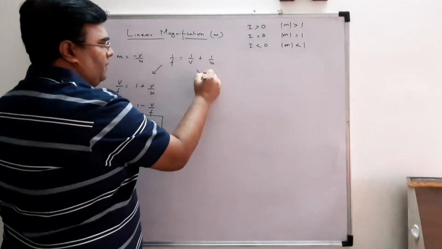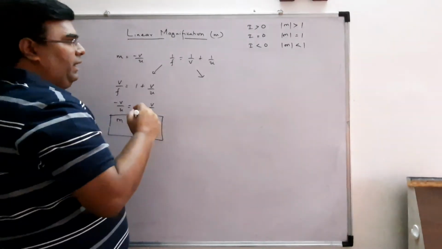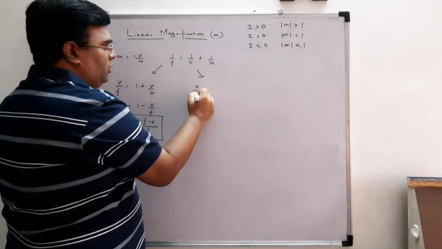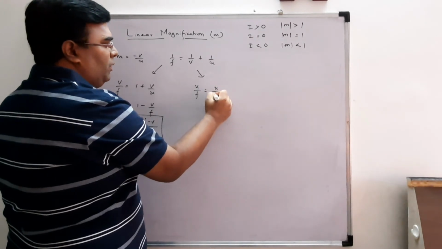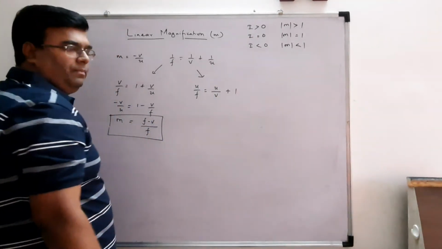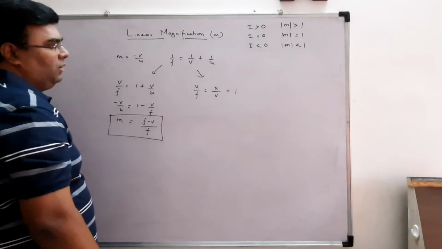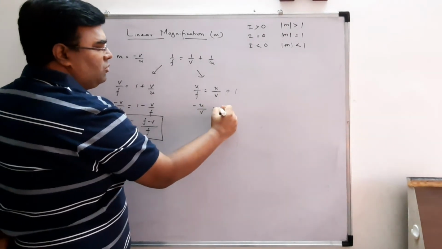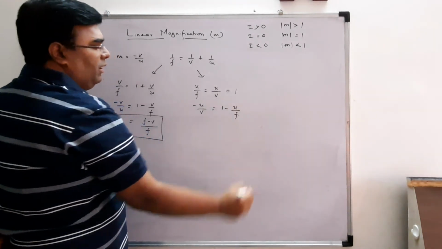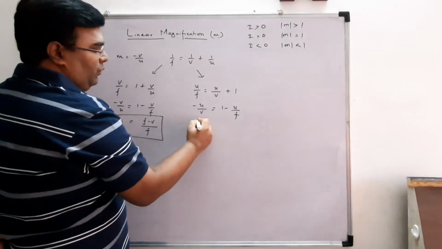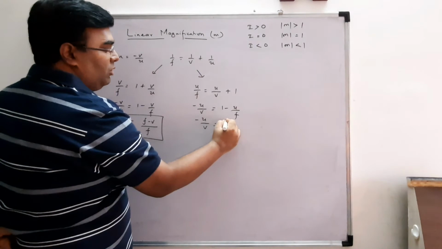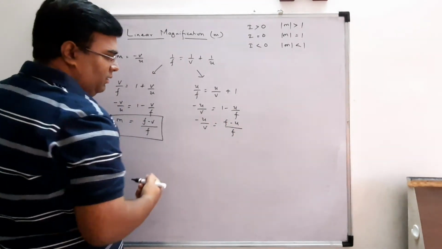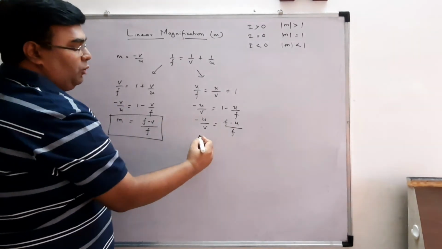Next, another formula. Multiply the whole formula by u. So we will get u by f is equal to u by v plus 1, right? Now let us take it here. Minus u by v is equal to 1 minus u by f, so we get minus u by v is equal to f minus u upon f. Now let's take the reciprocal here.